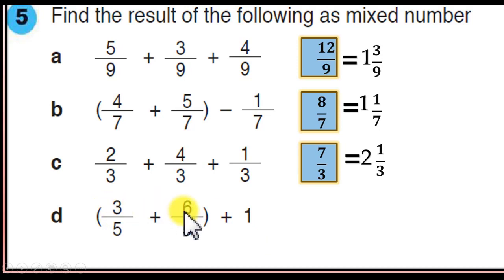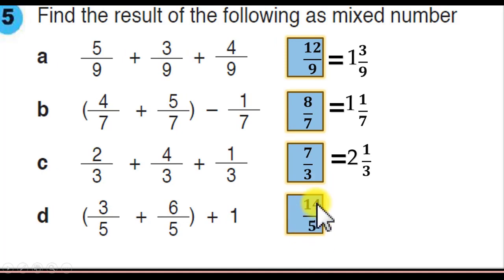3 plus 6 equals 9. 9 plus 5 equals 14. 14 over 5. Now we want to convert this improper fraction to a mixed number. 14 over 5 equals 2 and 4 fifths, because 14 over 5 equals 10 over 5 plus 4 over 5, and 10 over 5 equals 2.